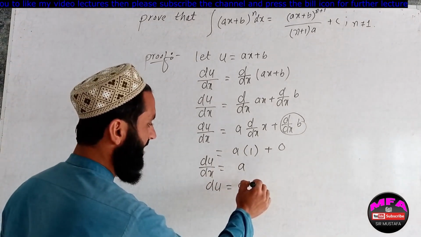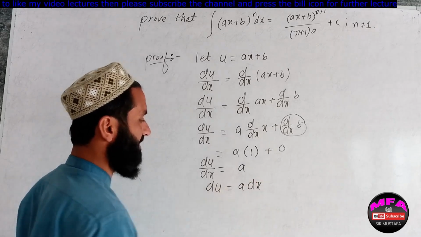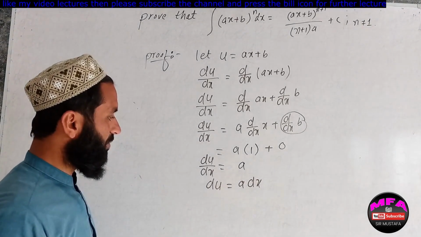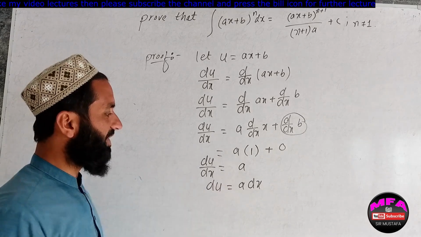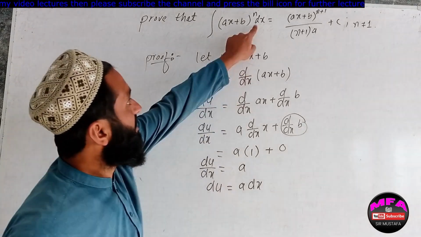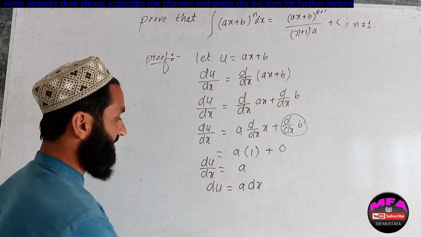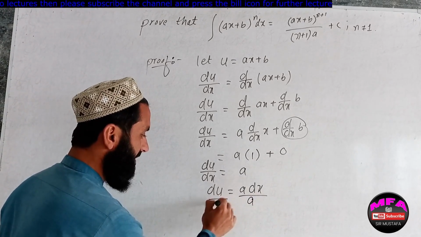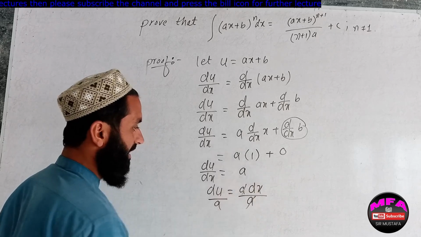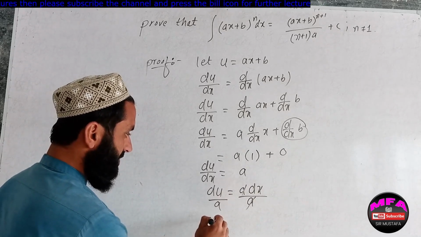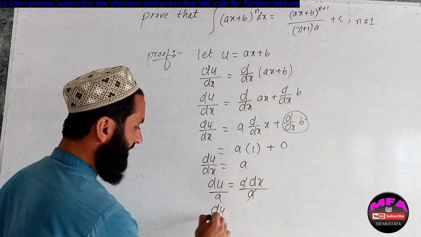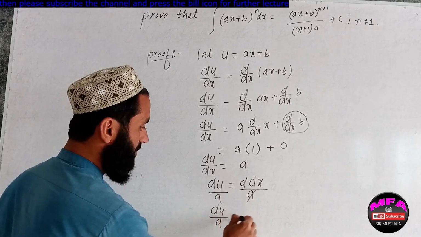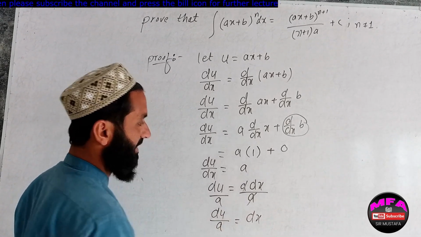So du is equal to a times dx, but here we need dx. Therefore divide both sides by a to cancel, so du divided by a equal to dx.